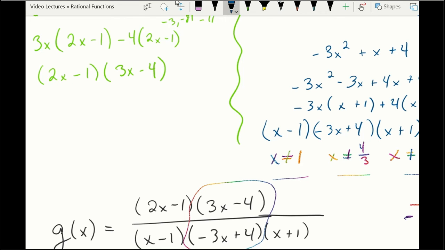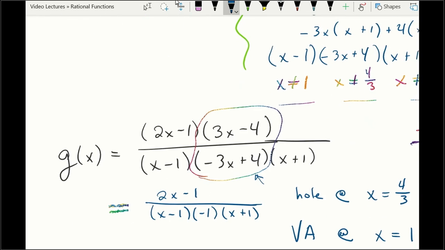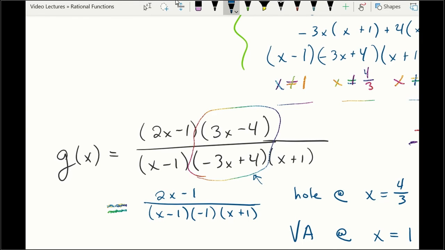Okay, so just as a summary, our holes are the factors we can remove. And that kind of makes sense. When we remove these factors from the function, it creates a hole at that value.